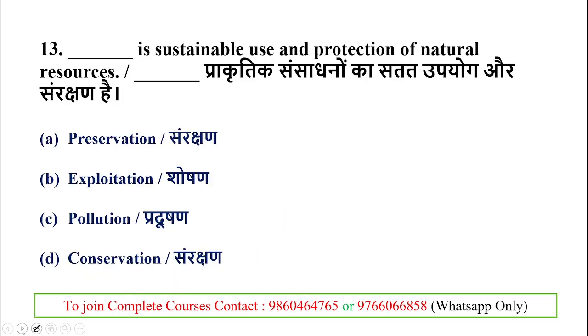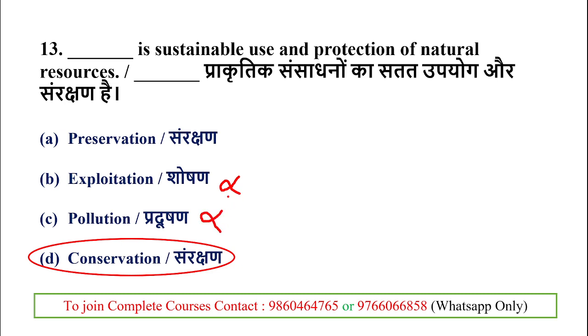Clear? And the next one is: dash is the sustainable use and protection of natural resources. Here the natural resource will be used sustainably, and the protection will also happen due to conservation. Pollution and exploitation will not come; these two are negative terms. But why does preservation not come?